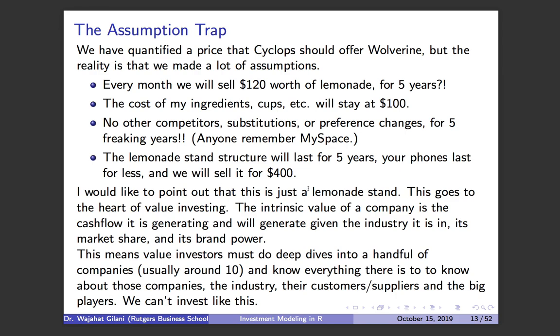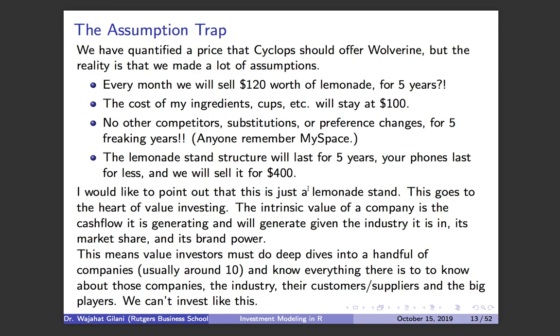What? No competitor, substitution, or preference changes for 5 years? Anybody remember MySpace? Yeah, exactly. In 1 year, you're going to get competitors, right? The lemonade stand structure will last for 5 years? Your phones don't last for 5 years. And we're going to sell for $400 after 5 years? Come on. These are assumptions that cannot be made.